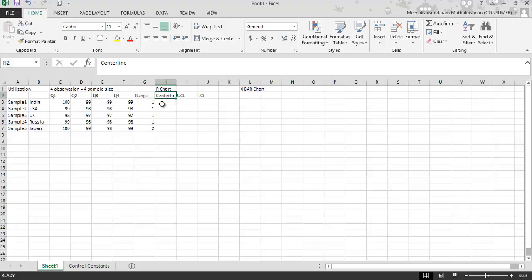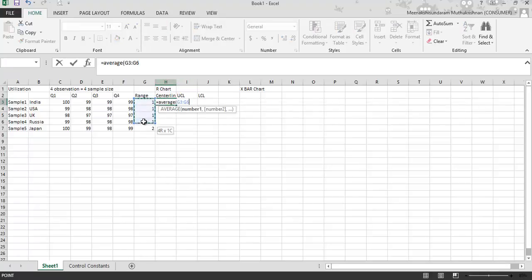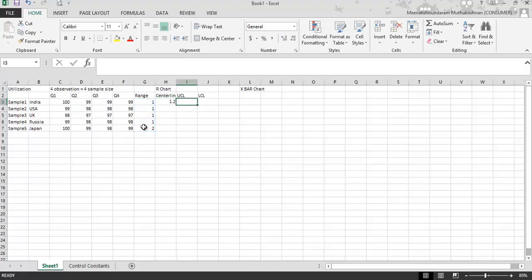So let us try to find what is the central line. The central line for the range chart is nothing but the average of the ranges that we calculated for each sample. So this is the central line.